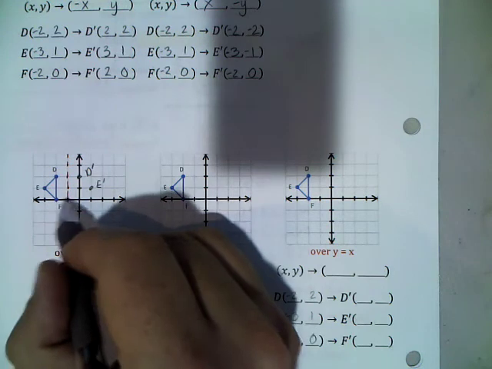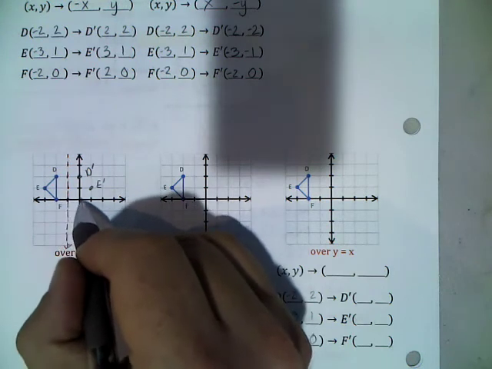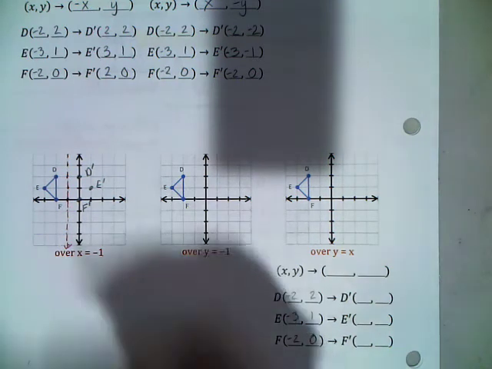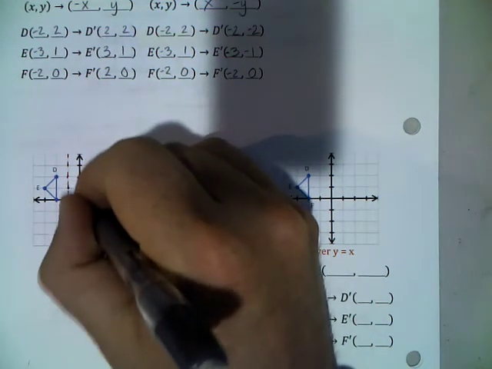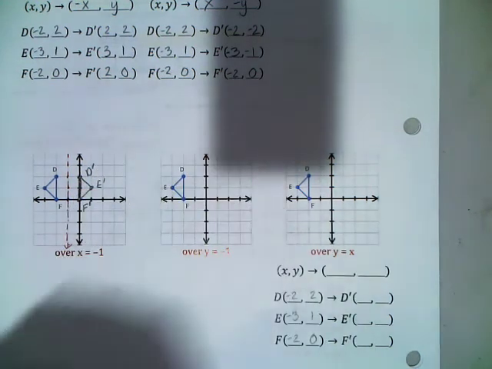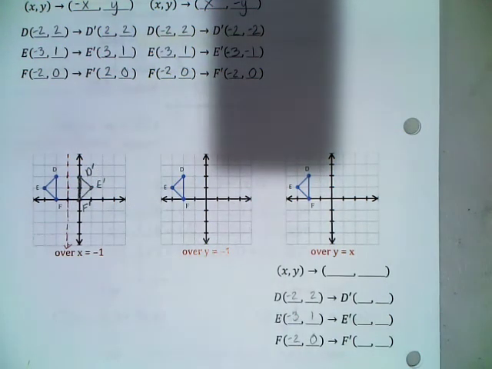And then finally F is 1 space away, so 1 space on the other side. I'm going to make this a little darker here since that's on the axis. And we should see that if we were to fold this over on that dashed red line, these two triangles would match up perfectly.